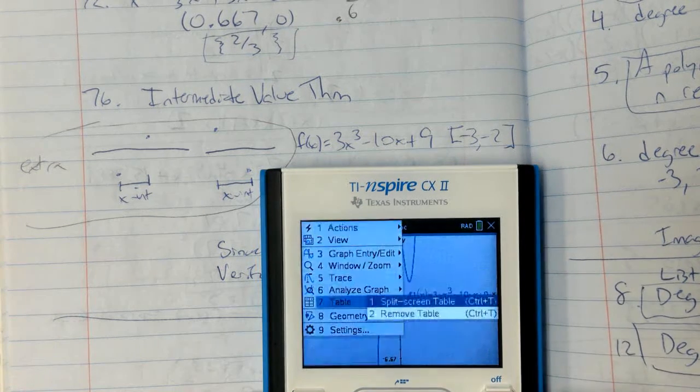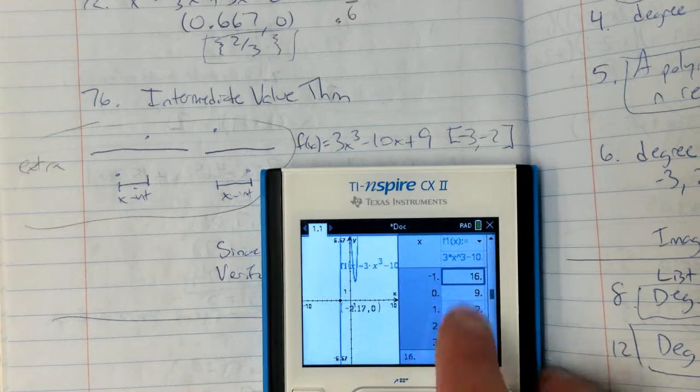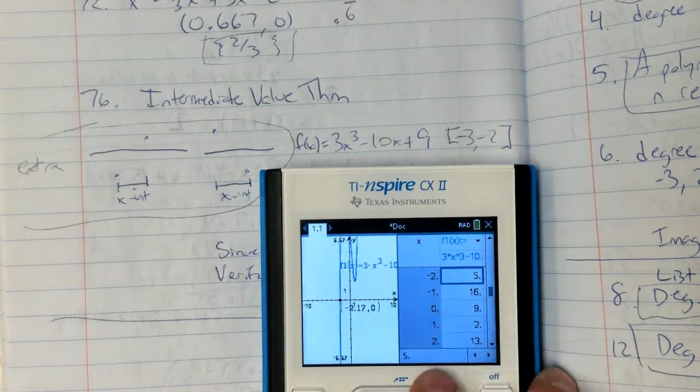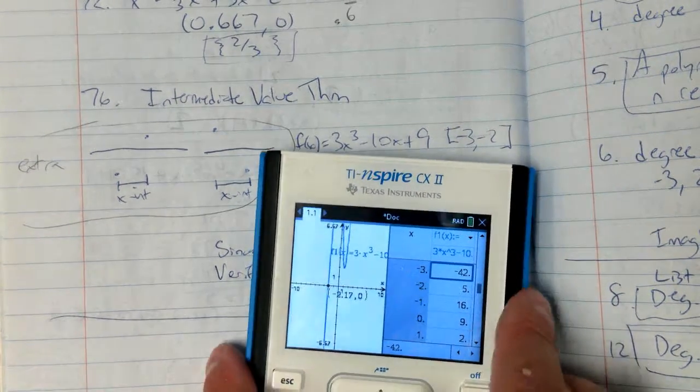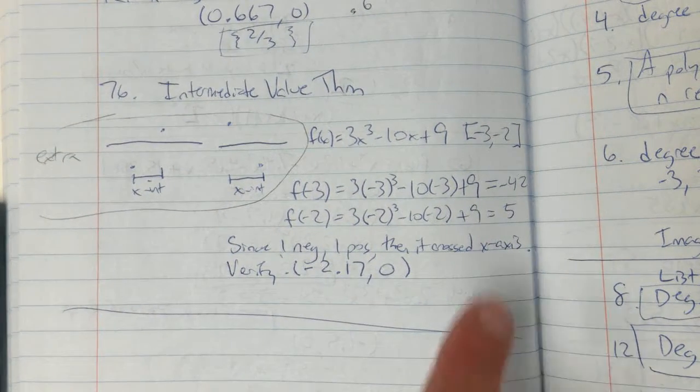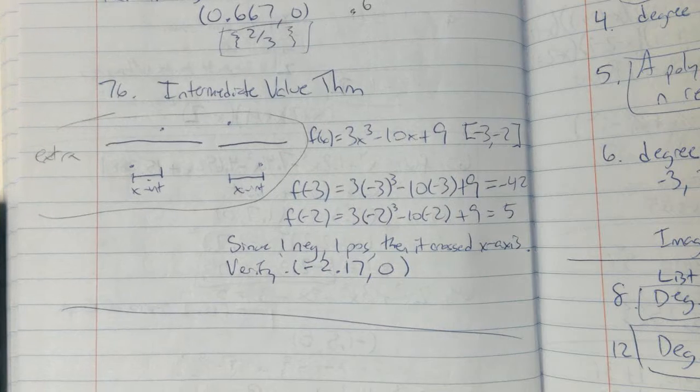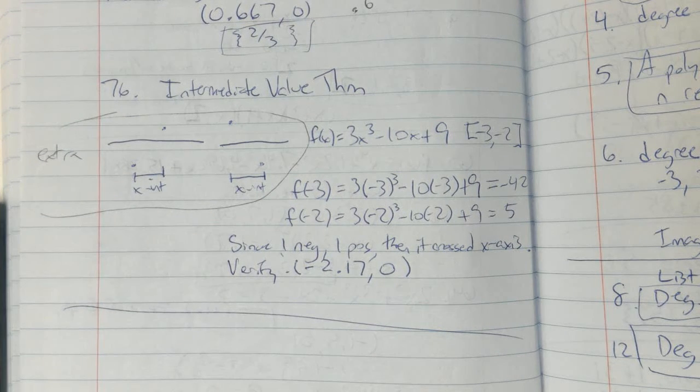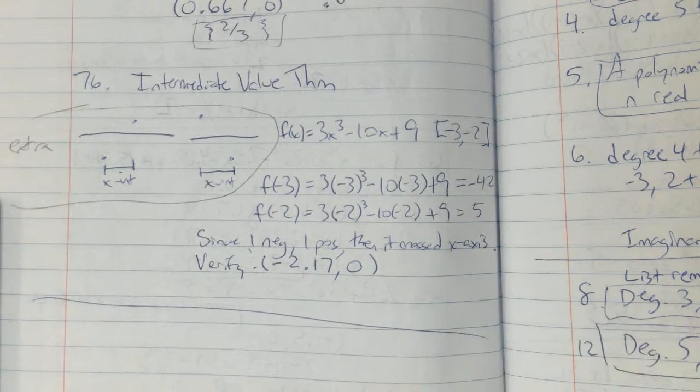Go to your table, and then you can see the -2 was 5, and the -3 was -42. So that's another way, without actually substituting, that you can see your answers because it's done for you. And so it does cross. If you have 2 negatives or 2 positives, then it did not cross in that interval.